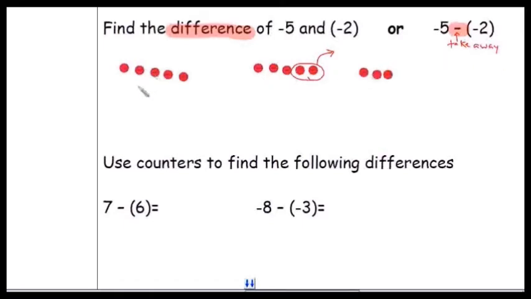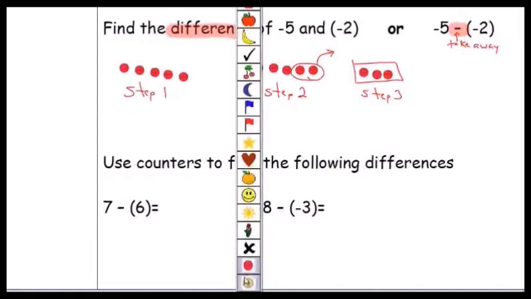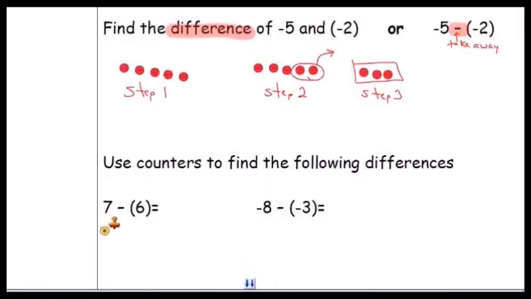Again, this is step 1, this is step 2, and this is step 3, what your answer is. Now this is a positive 7. The first thing I have to do is draw 1, 2, 3, 4, 5, 6, and 7. That's step 1. For step 2, copy it again, 1, 2, 6, and 7.